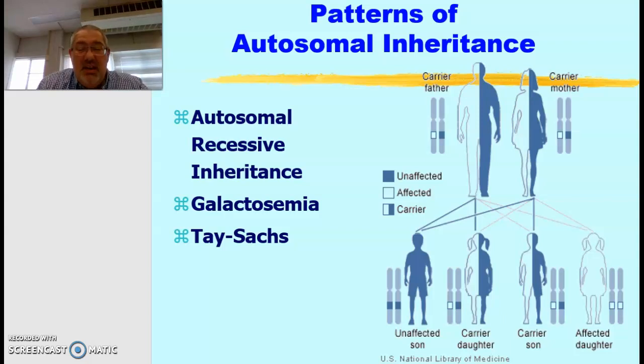So Tay-Sachs is an autosomal recessive condition. It's a degradation of the central nervous system that usually results in death by the time the child reaches age 5, as the example. So autosomal recessive. For this condition to be passed to offspring, both parents have to be at least heterozygous.